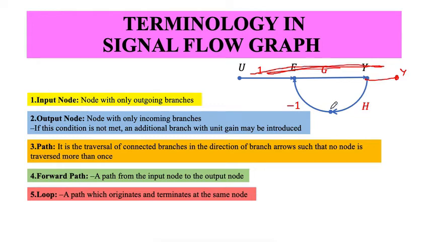Then loop is a path which originates and terminates at the same node. If I am starting at E, I will travel and again I will come back to E. So this is the forward path. Loop starts from E, and again ends at E.